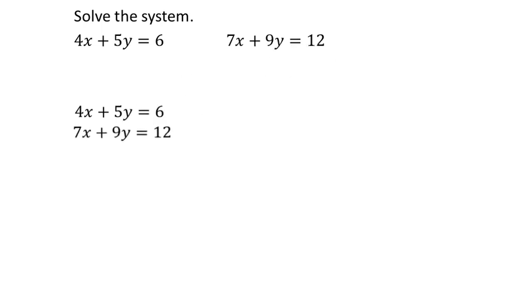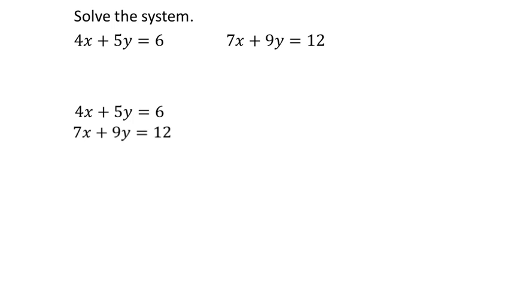Okay, so just the way that I've lined these up, stacked, we've got the x's, then the y's, and then we've got the constants. So if I can just get one of these two to eliminate with opposite coefficients, then we can solve that hopefully fairly quickly. So it doesn't matter which one you choose to eliminate.